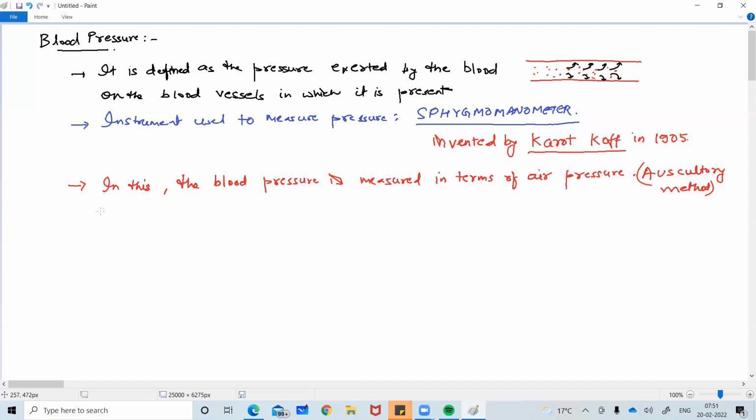Okay, so let me write here as a note point that it is the indirect method of measuring blood pressure, BP. I will tell you how I'm saying it is an indirect method.